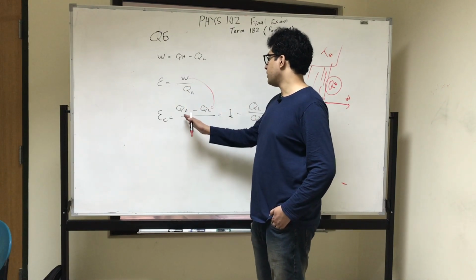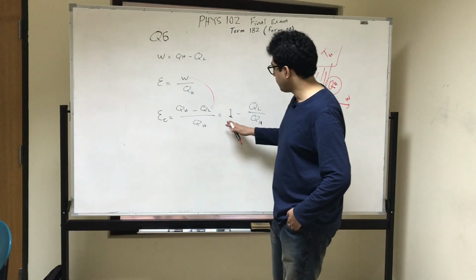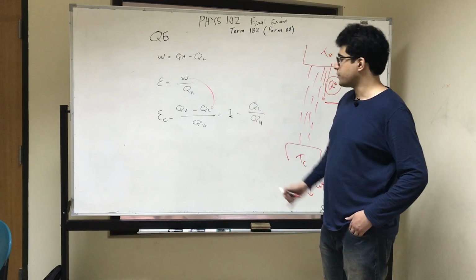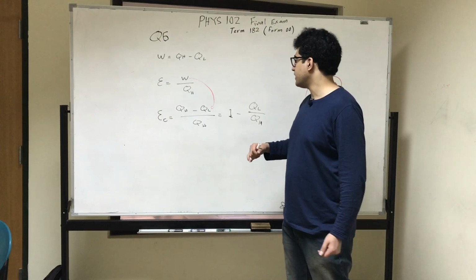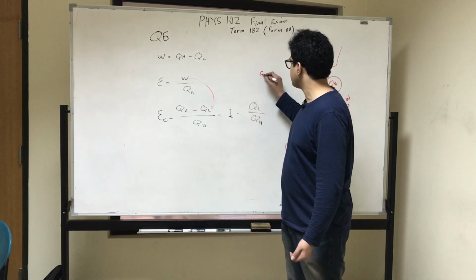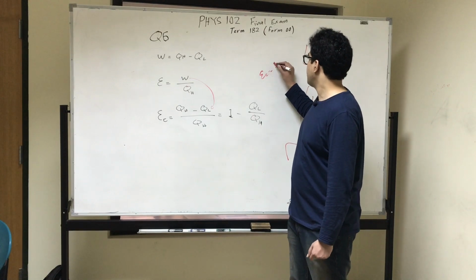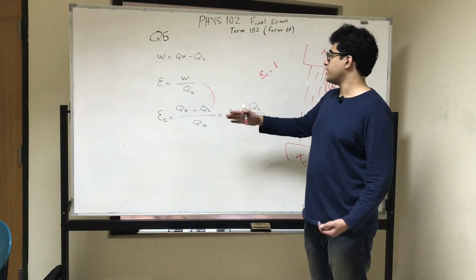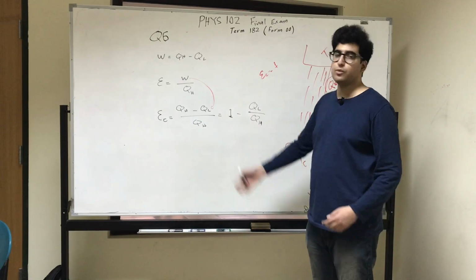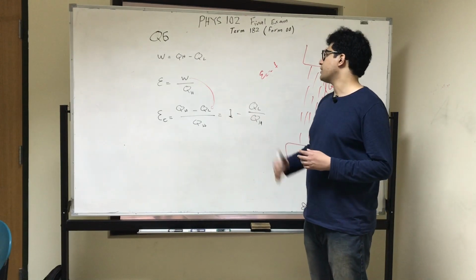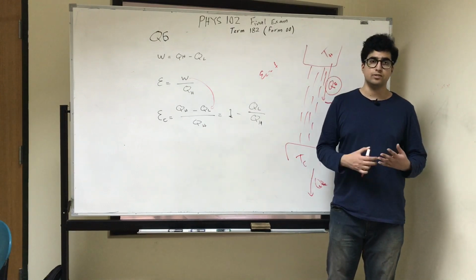And if you divide both terms by QH, you'll be getting 1 minus QL over QH. So if we have an efficiency of 100%, it means that the efficiency should be equal to 1. And we know that it can never be the case because we have some value subtracted from 1. So choice number C is not correct.